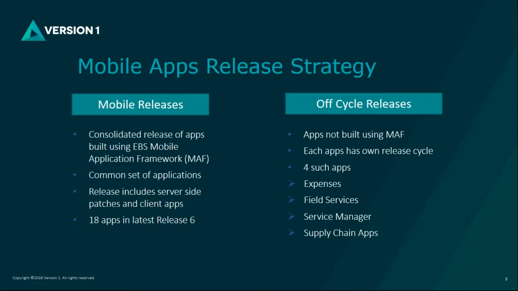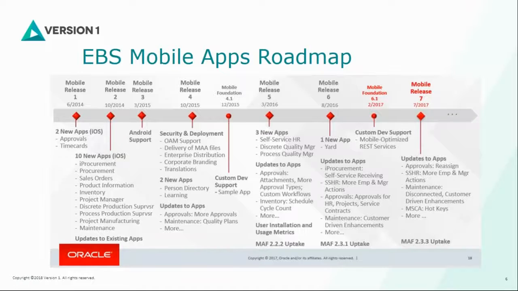The objective of Oracle's release strategy is to release new applications as well as updates in the form of server-side and client patches for existing apps via consolidated releases on a regular basis. So new releases for the 18 built on mobile applications framework are released together, while the 4 others have their own release cycles. And looking at the progress of the roadmap to date, they have done that.